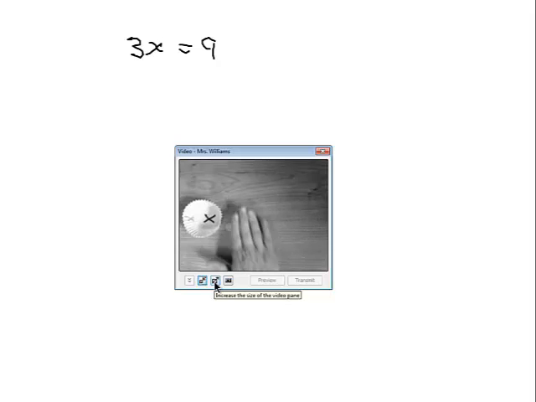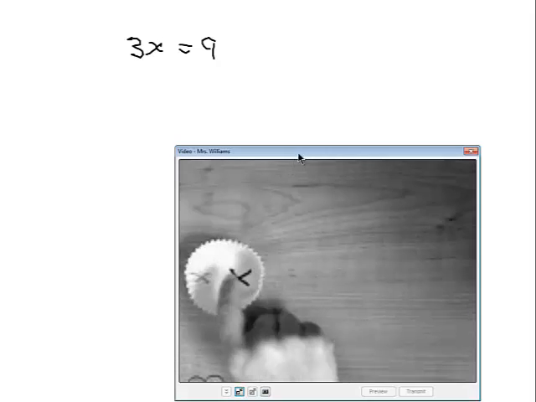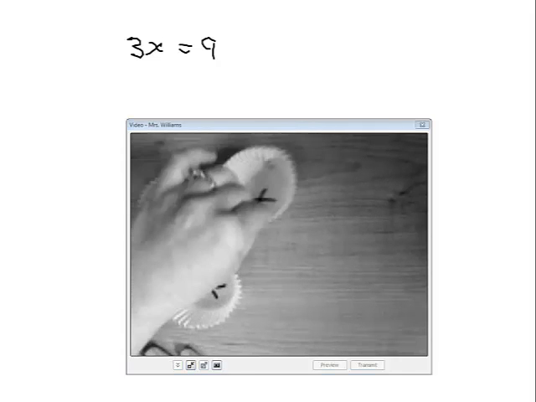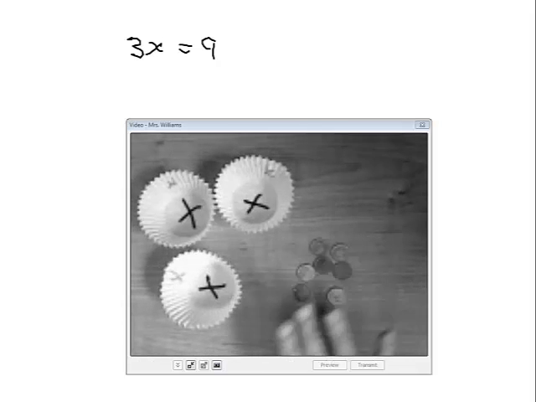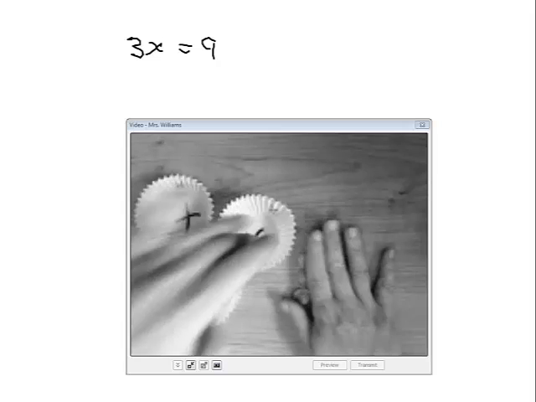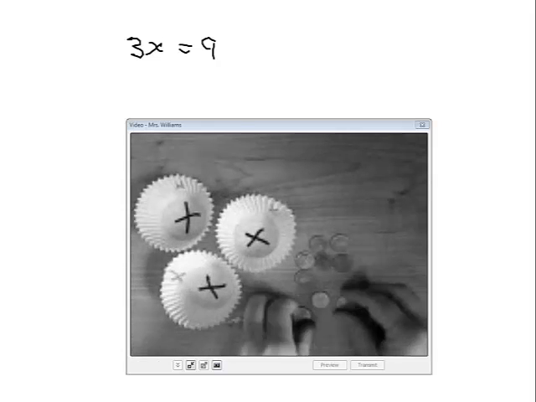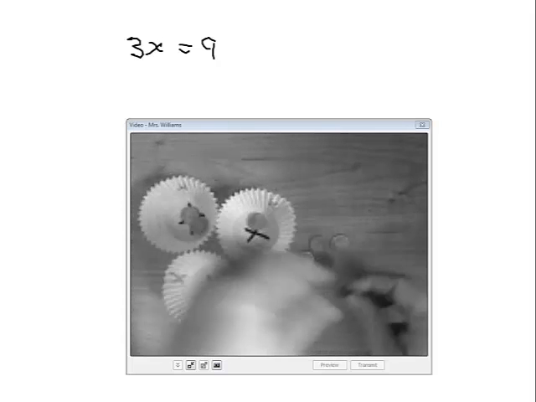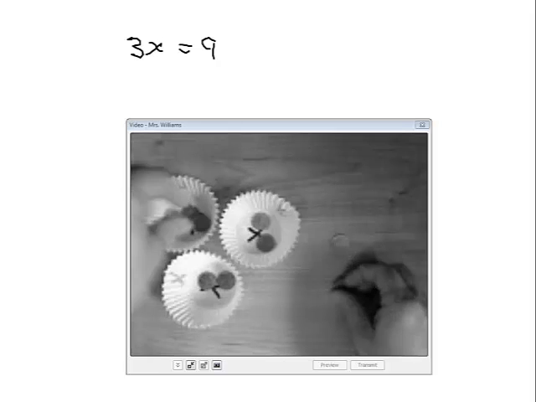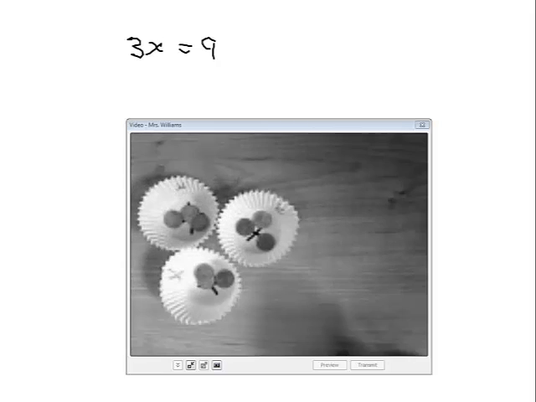Three x equals 9. So we need 3 x boxes is equal to 9 pennies. Okay, so again what we're doing is we're taking pennies and we're dividing them into 3 x boxes. We're taking the 9 pennies, dividing them into 3 x boxes.